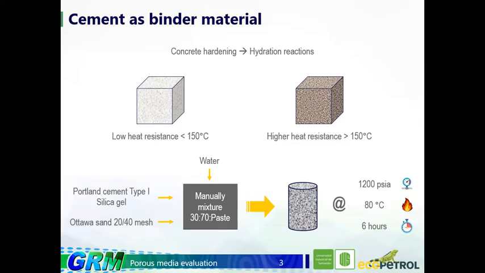Once the paste texture was achieved, it was placed into a core holder and put under 1,200 psia of pressure at a temperature of 80 Celsius degrees with a residence time of 6 hours in an oven.